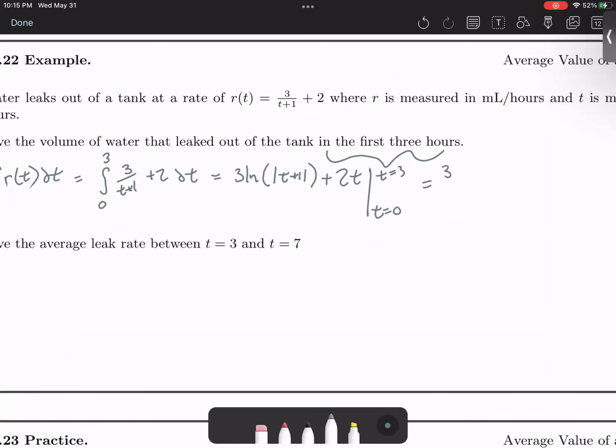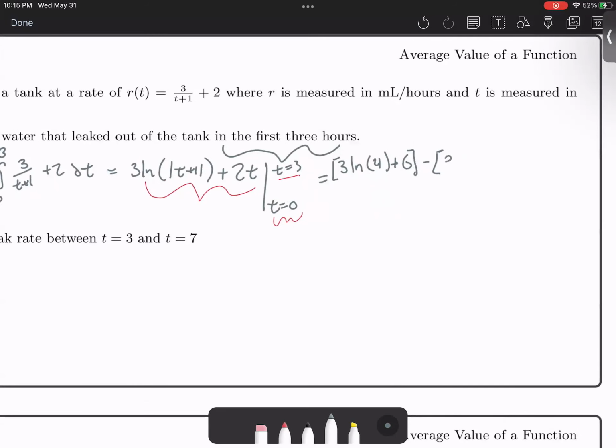So we'll take 3 times the natural log. If I plug time equal to 3 into this equation, I would get 3 natural log absolute value 4, so just a 4, plus a 2 times a 3, which is a 6. That's my antiderivative at the upper bound, and I'll subtract the antiderivative at 0.